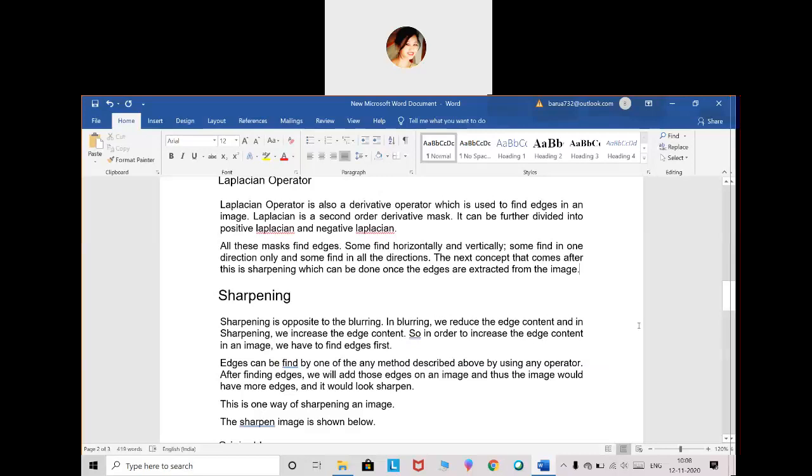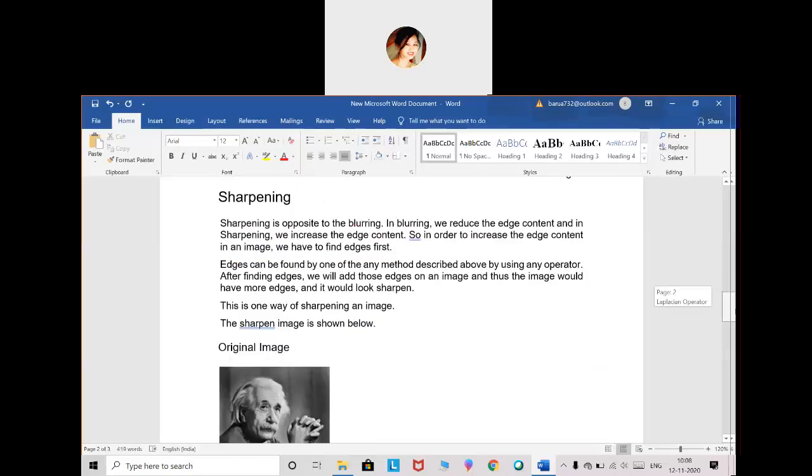The first task is to extract the edges from the image, and then only you can apply this sharpening technique. Edges can be found by one of the many methods described above: Prewitt, Sobel, Laplacian, Kirch mask, and Robinson mask. This is one way of sharpening an image.